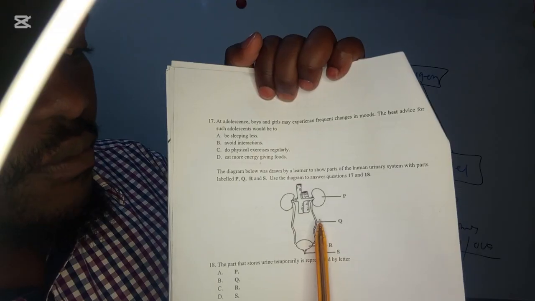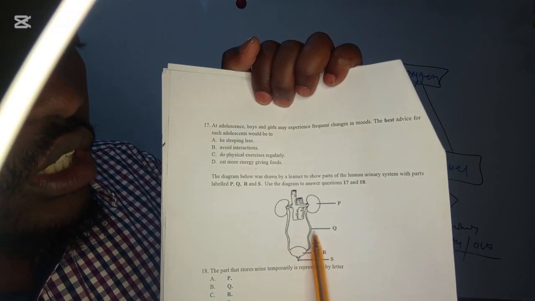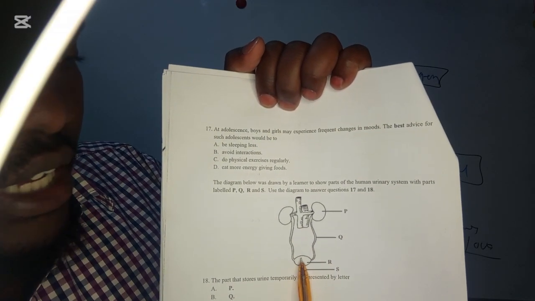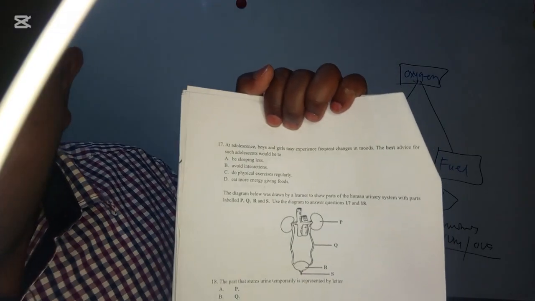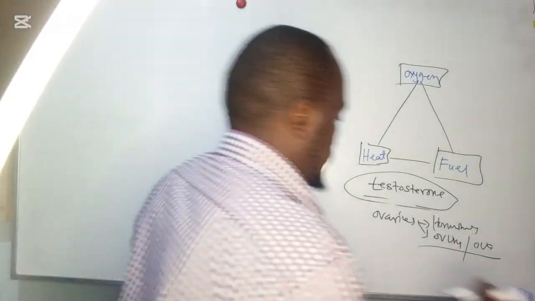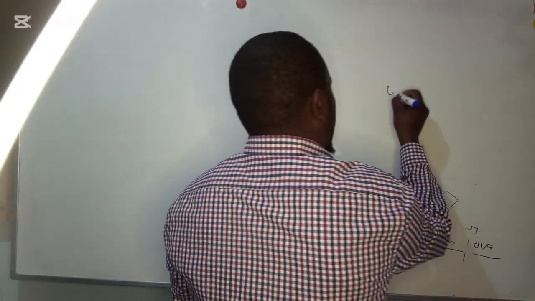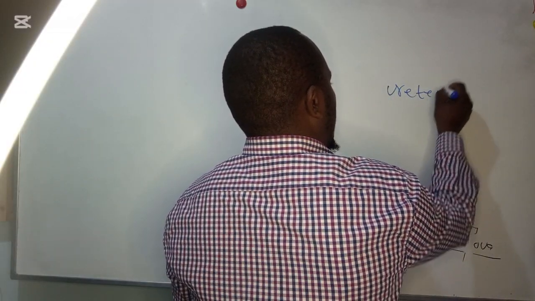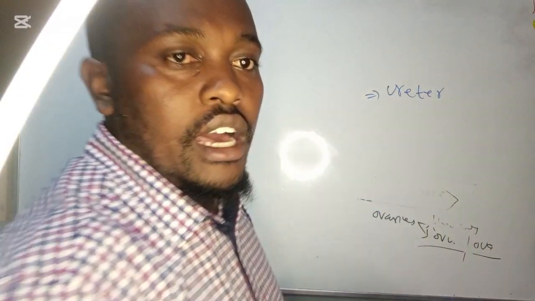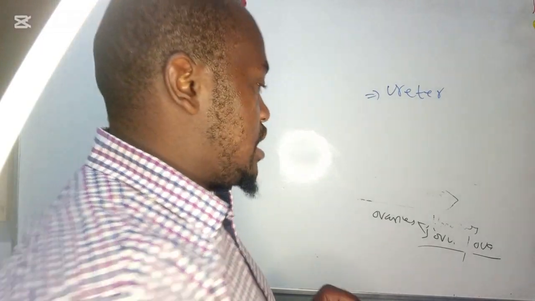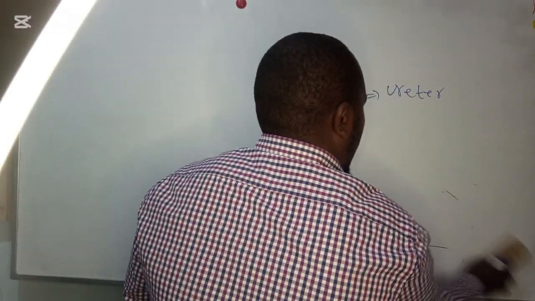Coming from the kidneys to the bladder, the tube is called the ureter. I'm not making a mistake, it is not urethra, it is ureter.